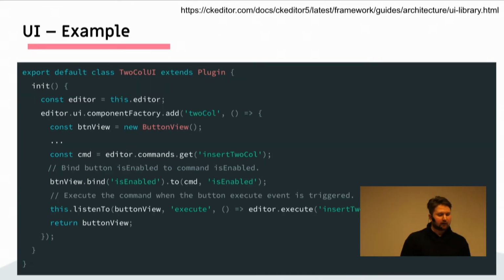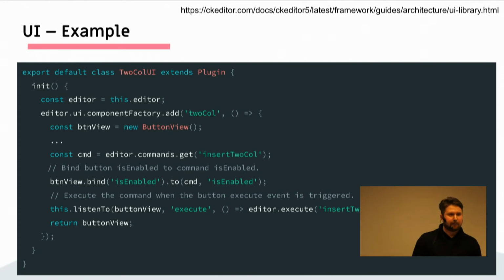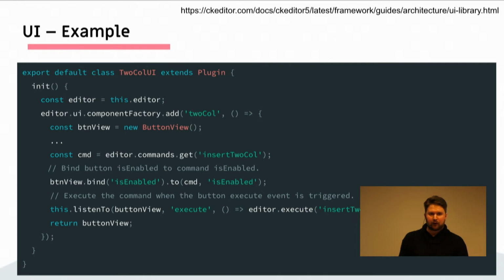We need to do a few additional things on top of that to integrate to the command. So we are, for example, binding the isEnabled property of the command to the isEnabled property of the button. That means that if the command is not enabled, so if you can't insert a to-call element in the current selection, then the button should also be disabled in that case. So the user can see that, okay, I can't insert the to-call here.